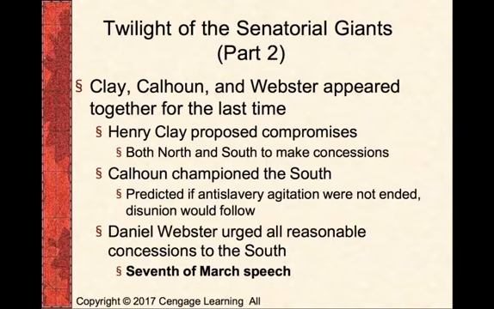Calhoun always championed the South, and he predicted that if anti-slavery agitation was not ended, disunion would follow. And Daniel Webster urged all reasonable concessions to the South. Even though he was from the North, he wanted to keep the Union in place by appeasing the South.